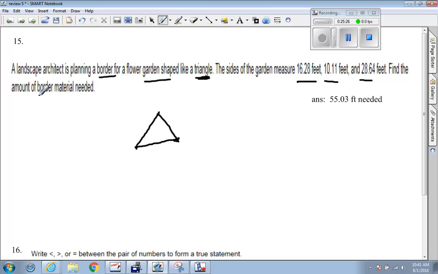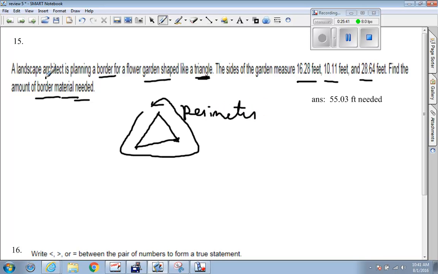Find the amount of border material needed. See, it doesn't blatantly tell us whether to add or whatnot, but all of that is a key word for perimeter. So when you say border material needed, that's really triggering us for perimeter, which we know now is a trigger word for add the side lengths.